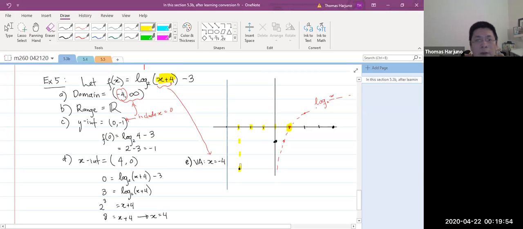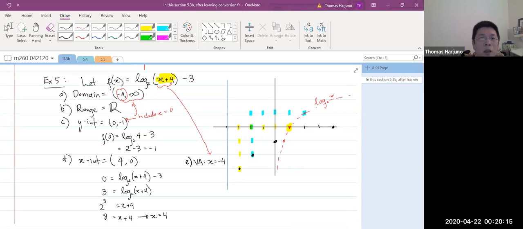So (1, 0) moves 4 to the left and 3 down, and that's its new location. Then (2, 1) moves 4 to the left, 3 down. It's now here. And then (1/2, -1) moves 4 to the left, 3 down.